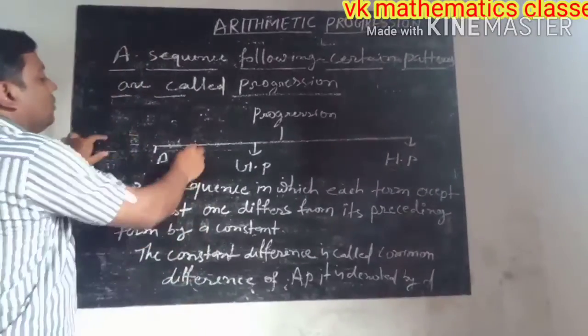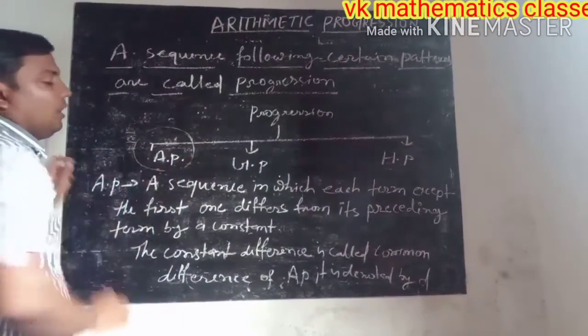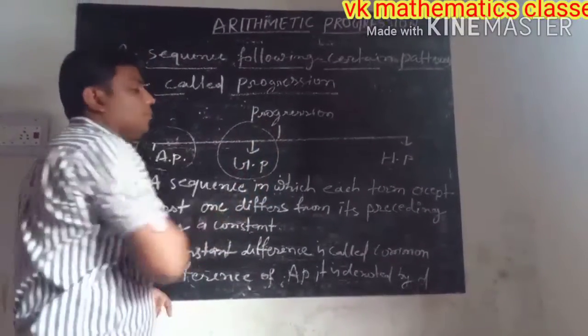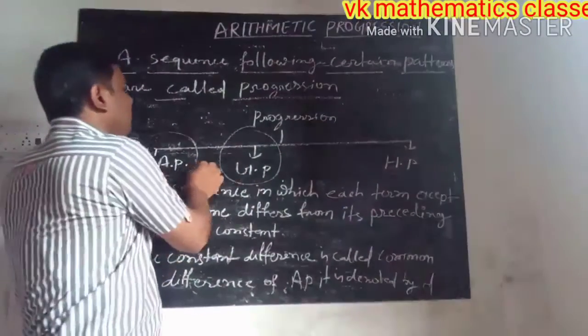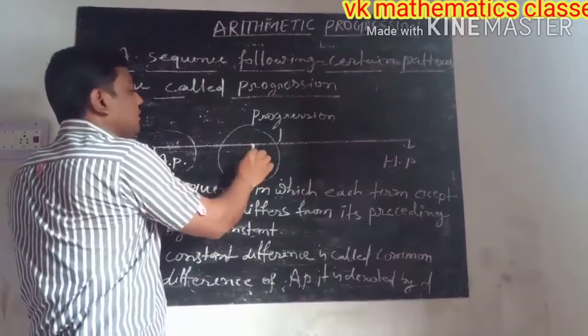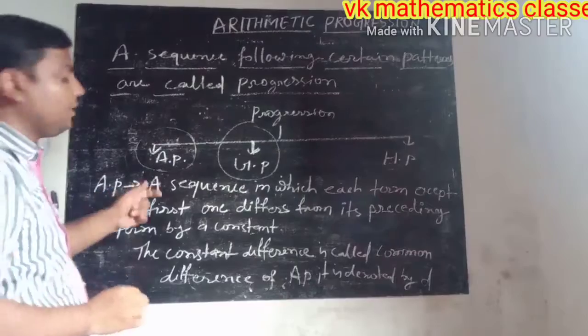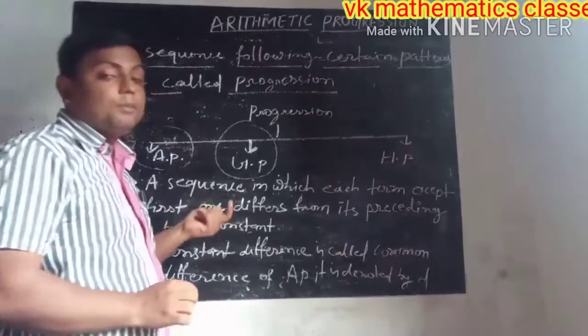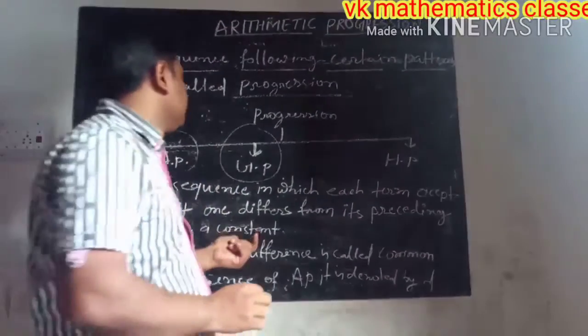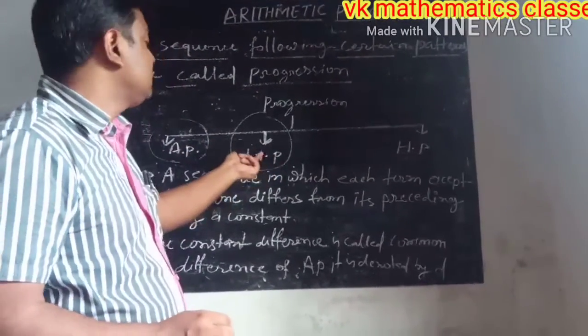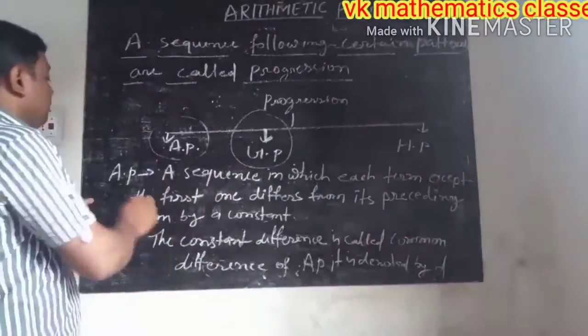In class 10th we only discuss AP, and in 11th we discuss GP also. In class 10th we study what an AP is, the nth term of an AP, and the sum of terms of an AP. So here we discuss AP.